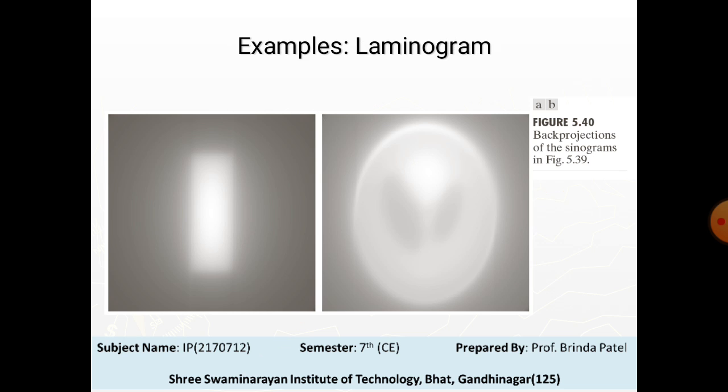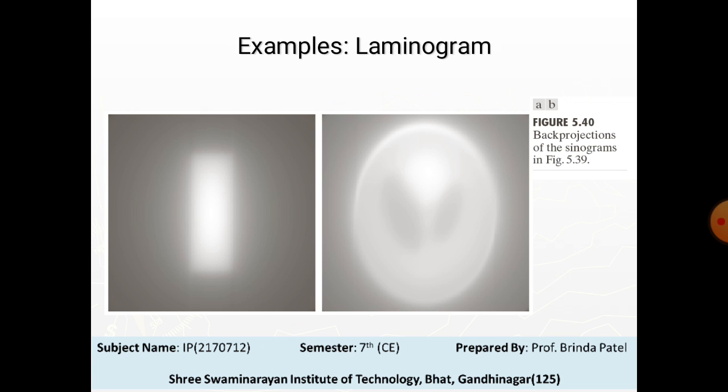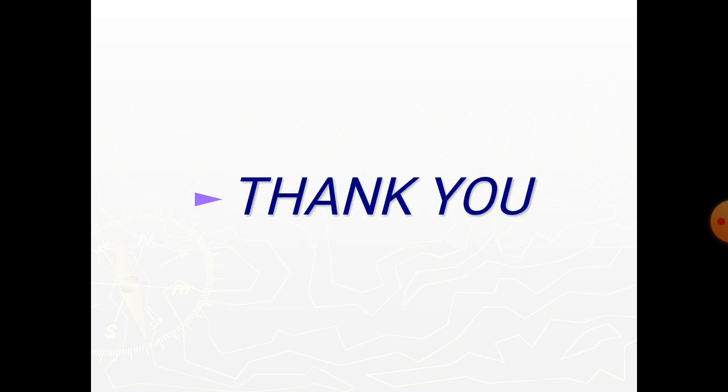Early experimental CT systems were based on these equations, as we have just seen. In the next section, we will see that significant improvements in reconstruction are possible by reformulating the back projection approach. Thank you.